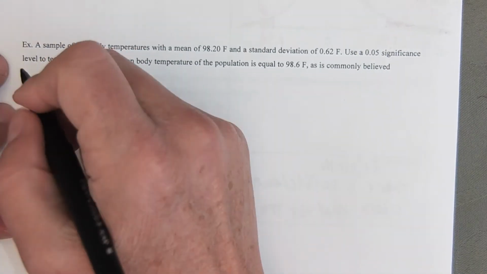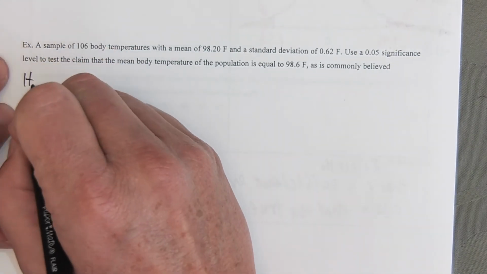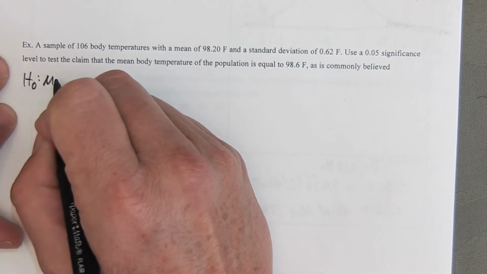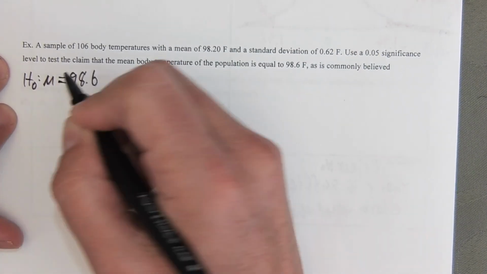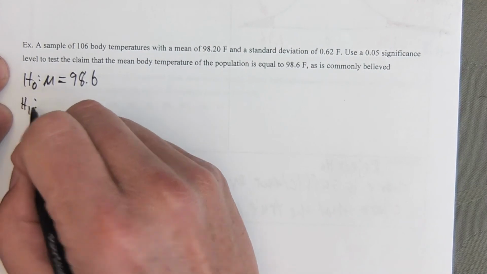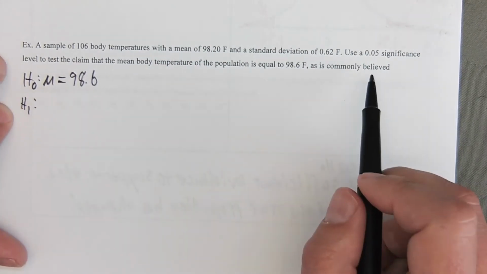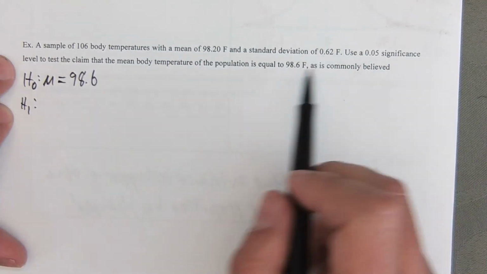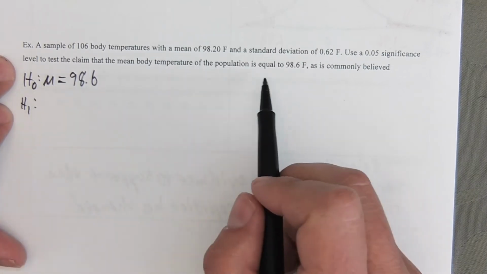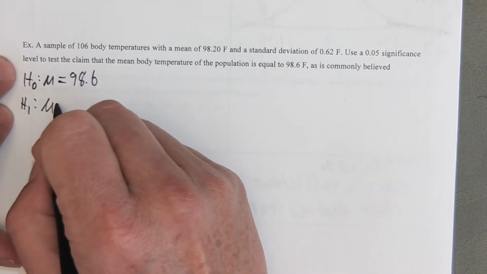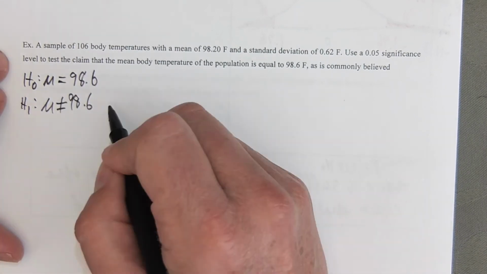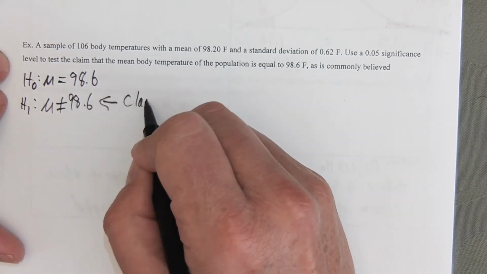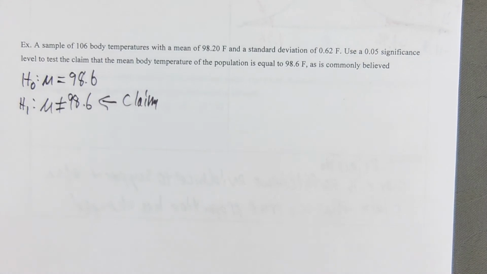So they want us to do a null hypothesis that the mean body temperature is 98.6 degrees Fahrenheit. And they want to know that the mean body temperature is not equal to 98.6. And I'm going to make this the claim, even though it's not really worded that way, but we're going to do that anyway.